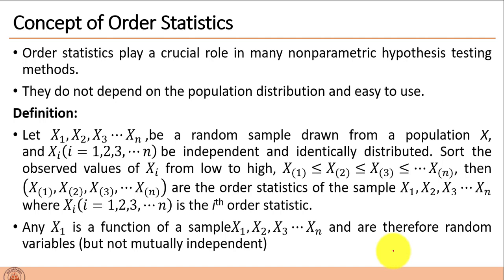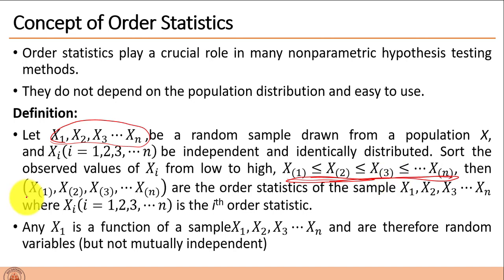Let x1, x2, x3 up to xn be a random sample drawn from a population X, and xi, where i is equal to 1, 2, 3 up to n, be independent and identically distributed. We sort the observed values of xi from low to high, as we can see here. So this one here is different from the first that you've seen. x1, x2 are the original values, and here we are simply rearranging the original values according to their magnitude from low to high.